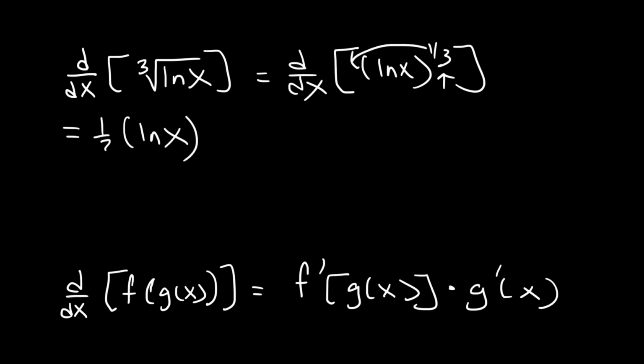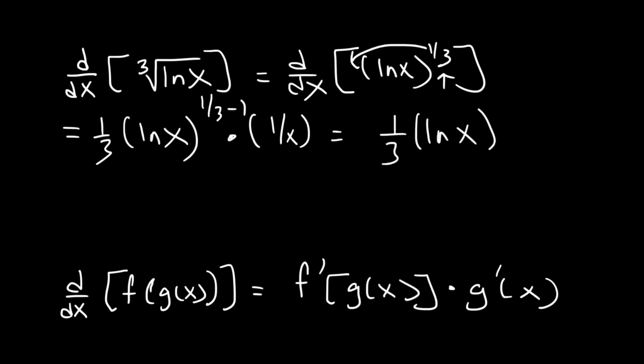So it's going to be 1/3, and then we need to subtract the exponent by 1, times the derivative of the inside, which is g prime. The derivative of ln x is 1 over x. Now 1/3 minus 1 is the same as 1 over 3 minus 3 over 3, and that's negative 2 over 3. So we have 1/3 ln x to the negative 2/3 times 1 over x.